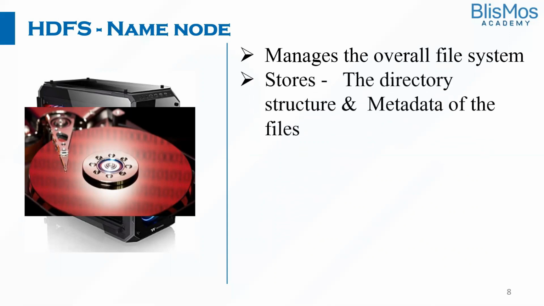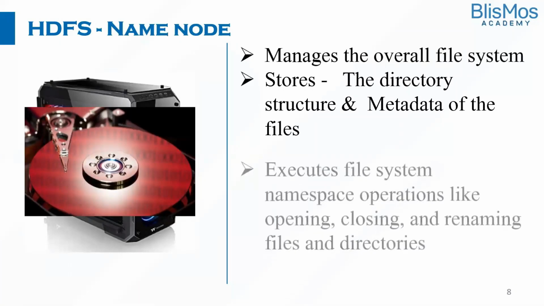It also stores the directory structure and metadata of the files. For example, the data about the data is stored by the name node. It holds where exactly the data is.